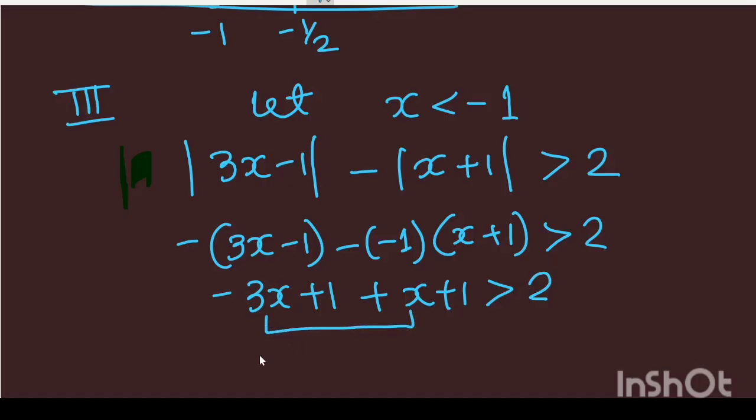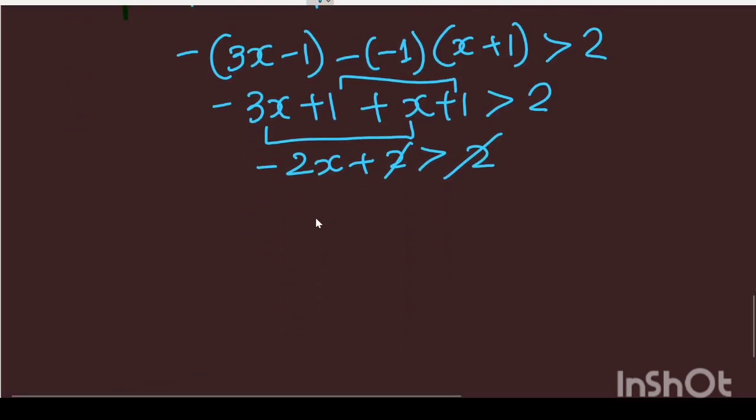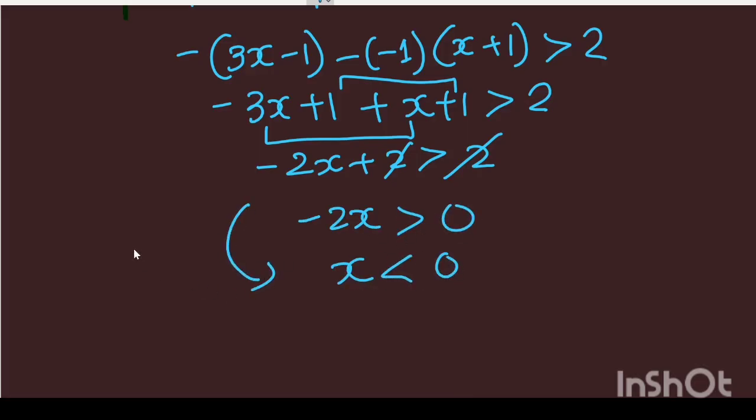Minus 3x plus x is minus 2x, 1 plus 1 is 2, greater than 2. 2 cancels out both sides of the inequality, and minus 2x greater than 0 means x is less than 0. Why? Because if you multiply by minus half, the inequality sign gets reversed.